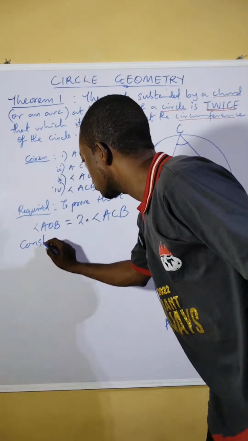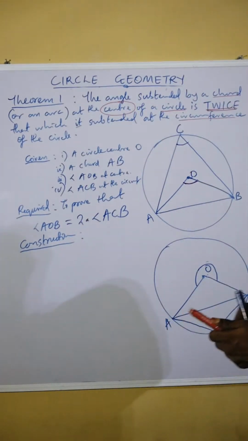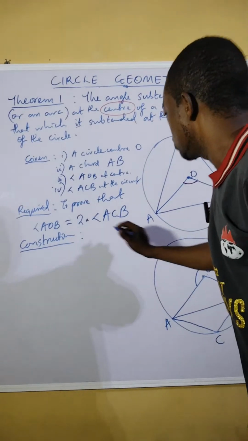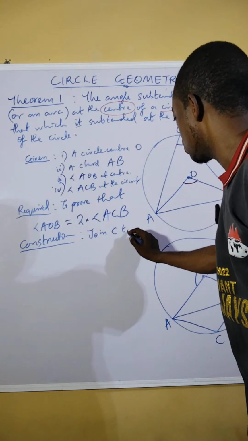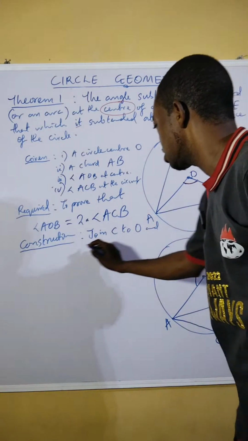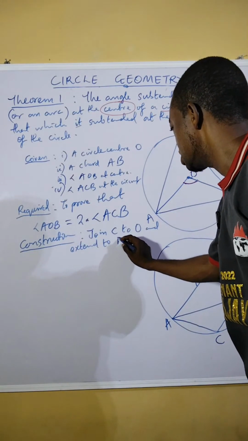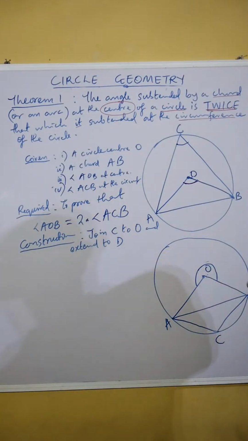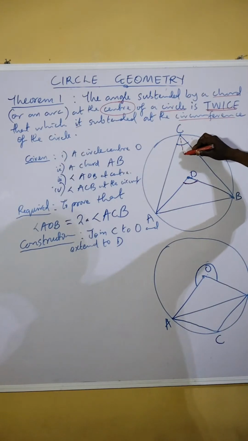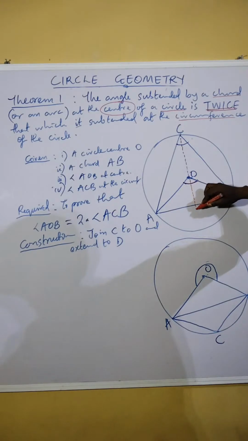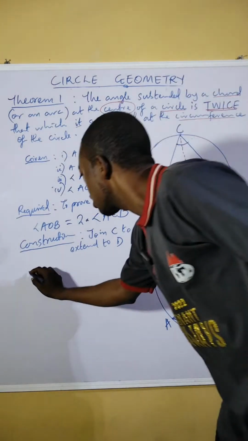For the construction here, you can join C to O and extend it to a point D. That is, we join this point C and point O with a construction line, and we can extend it to a point D.